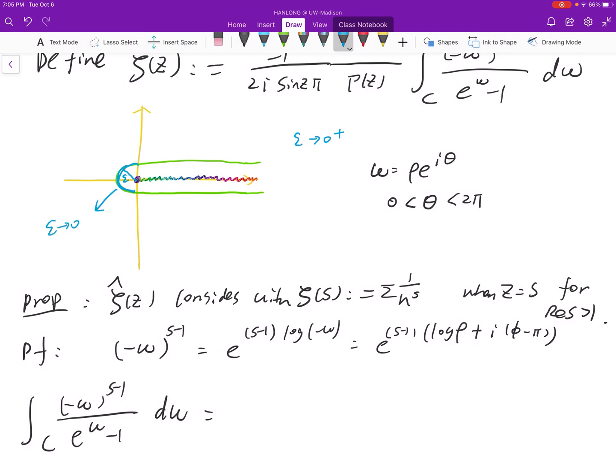When epsilon goes to 0, the integral goes to 0.